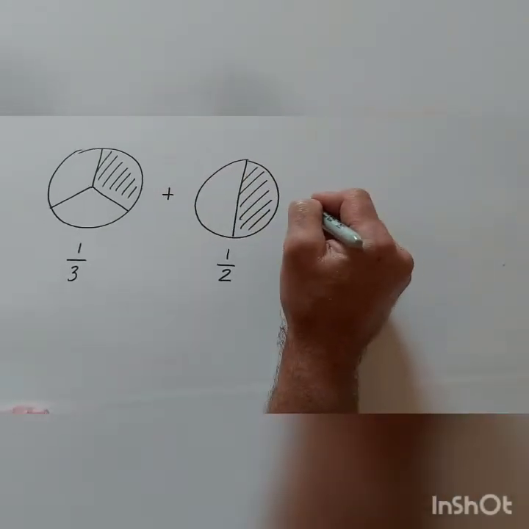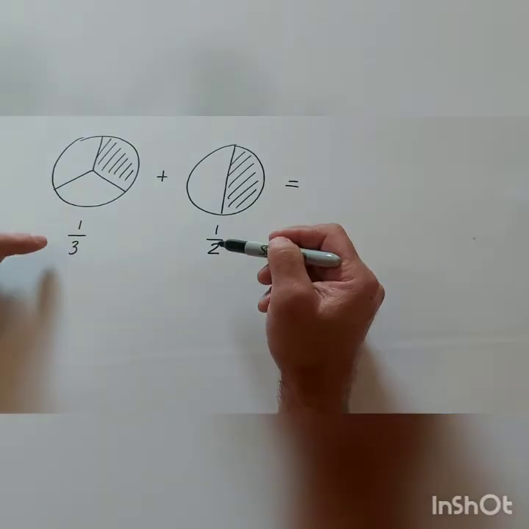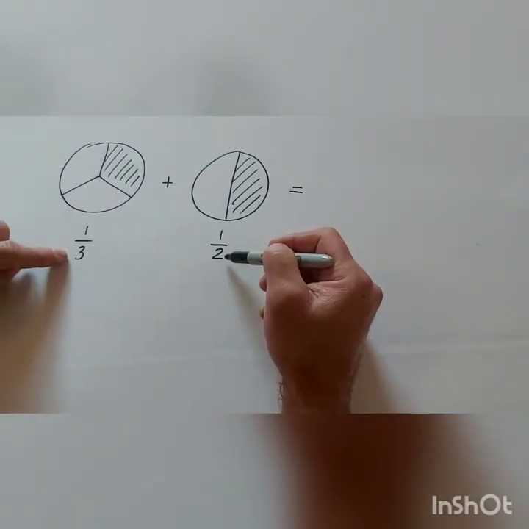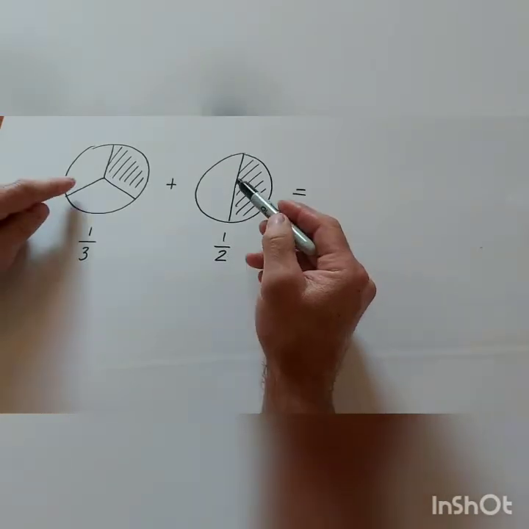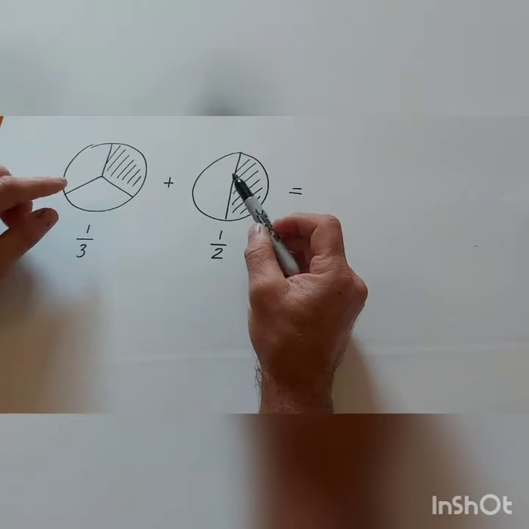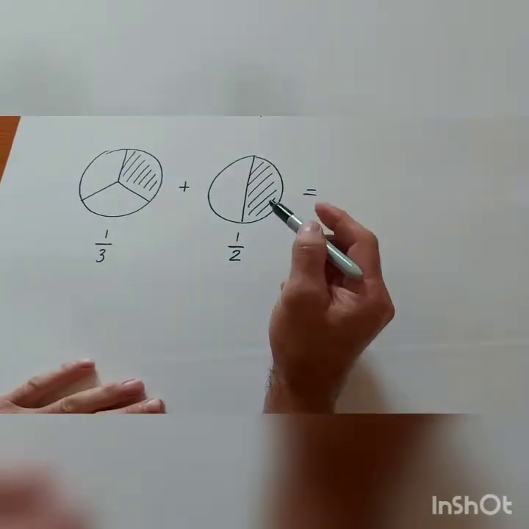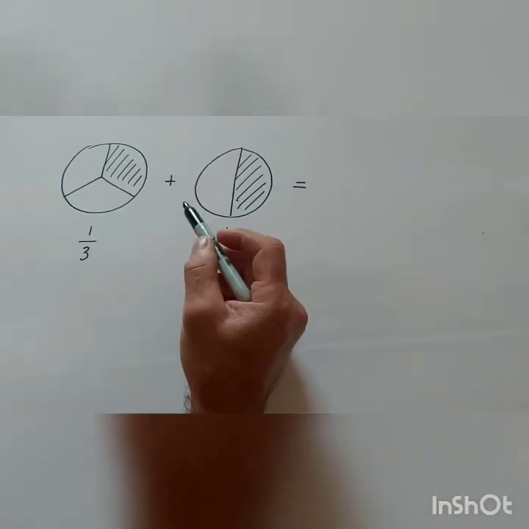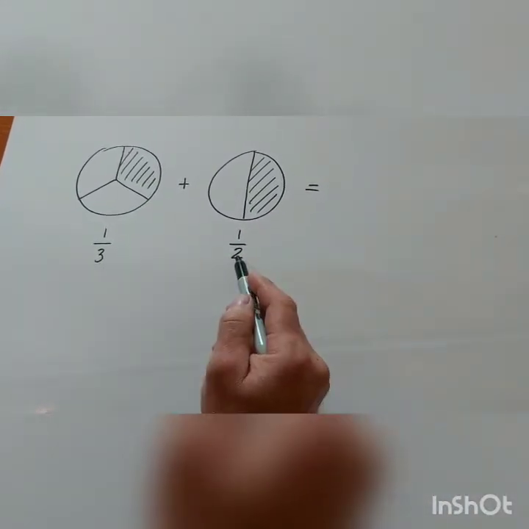If I'm wanting to add these together, I'm going to have to find a common denominator that both of these fractions share. I can't just draw a line on one of these circles like my last example so that I can add the circles equally. So what I'm going to have to do is find a multiple that both 3 and 2 have in common.